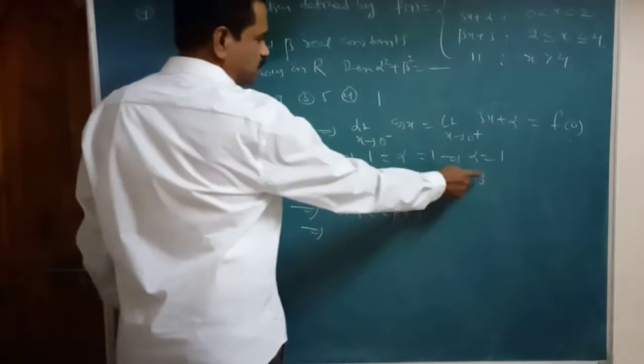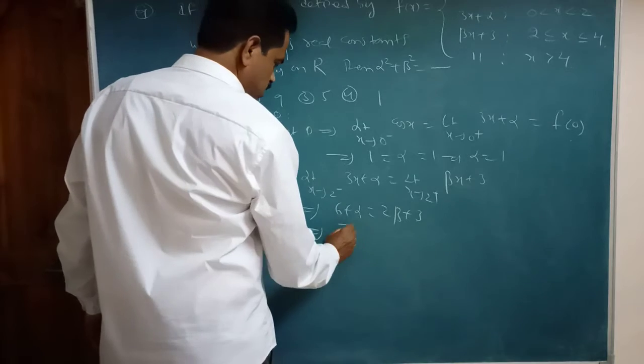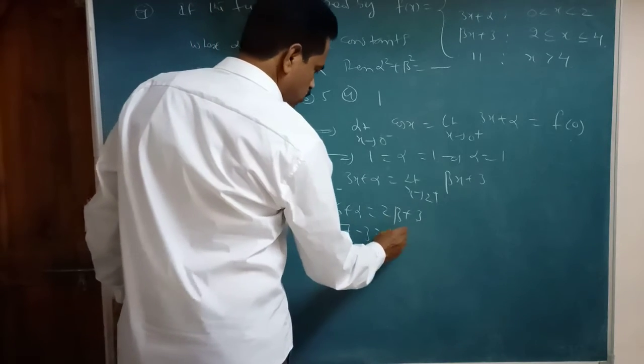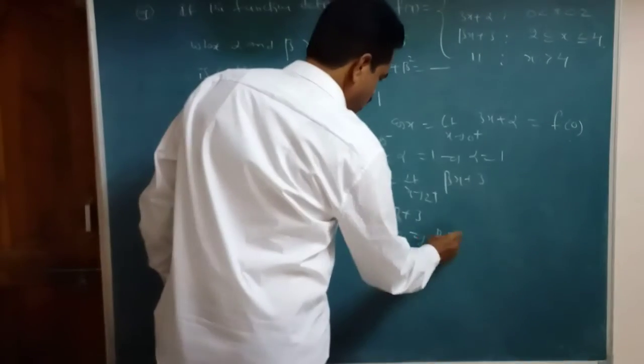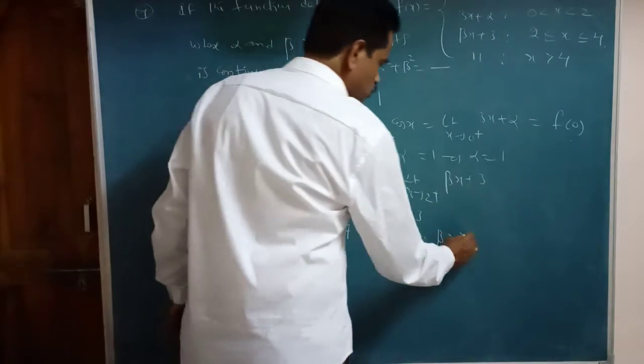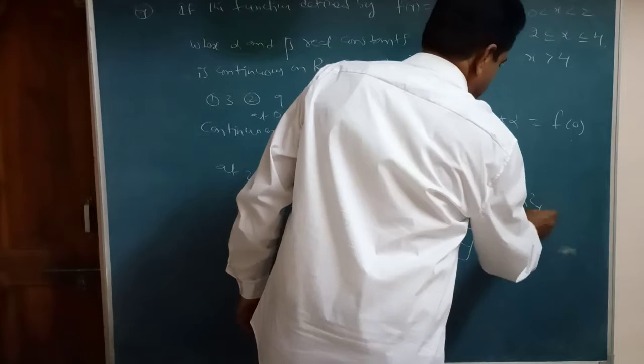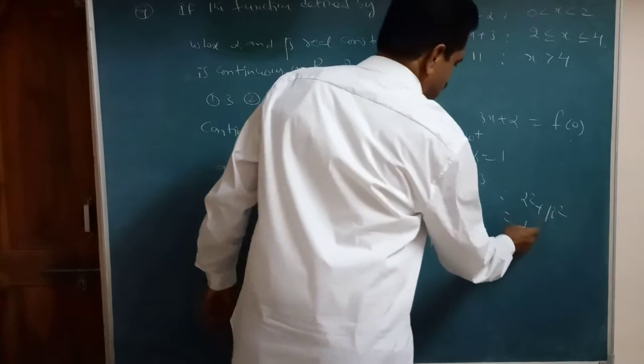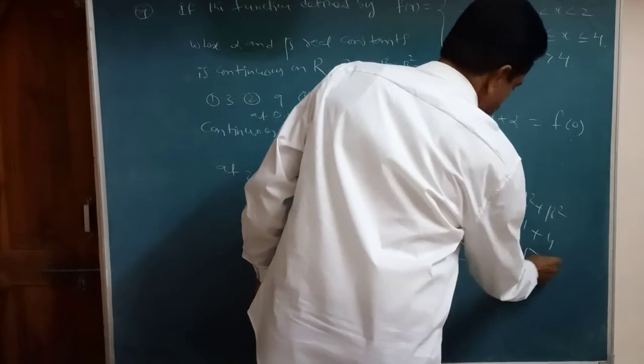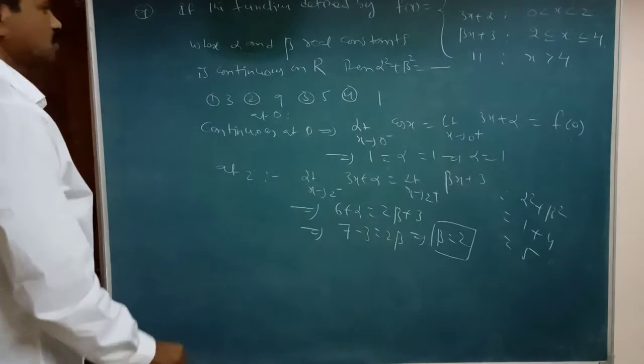Alpha is 1, substitute here. 7 minus 3 gets this side equal to 2 beta. Then beta equal to 4 by 2, that is 2. So what we have found out here? Therefore alpha square plus beta square, that is 1 plus 2 square is 4. This is how much here? 5. So third option.